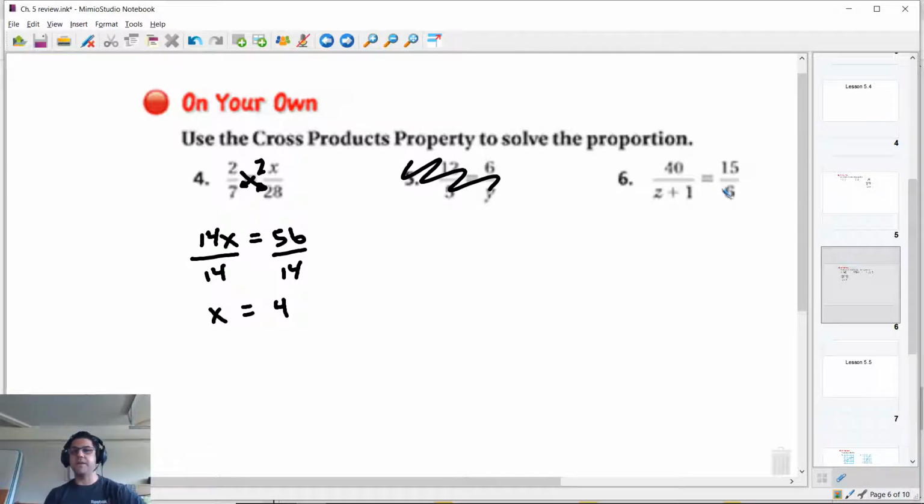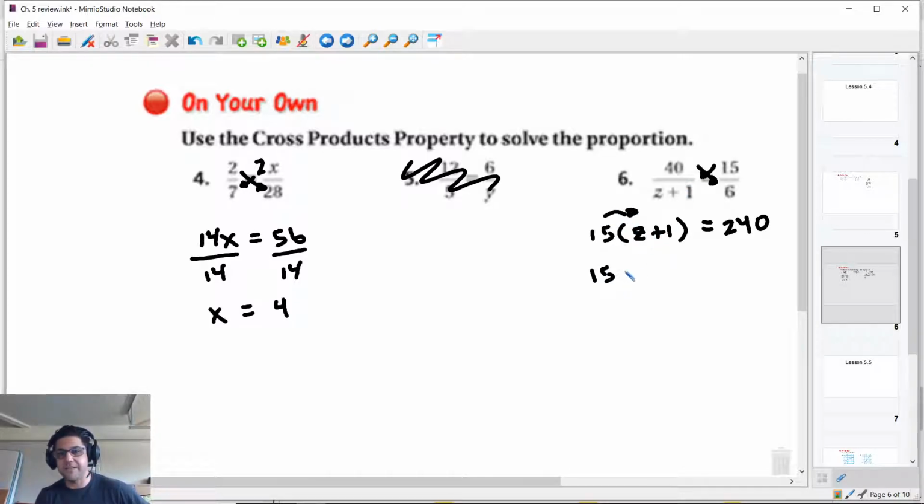All right, last one here. The z plus 1. Don't want you to get confused by that because, again, it's really just your distributive property. Whenever you see a binomial there, meaning there's two parts, it is just 15 times z plus 1 is equal to 40 times 6, or 4 times 6 is 24. Put the 0 there. All right, so again, just use your distributive property. 15 times z is 15z, and 15 times 1 is just 15.